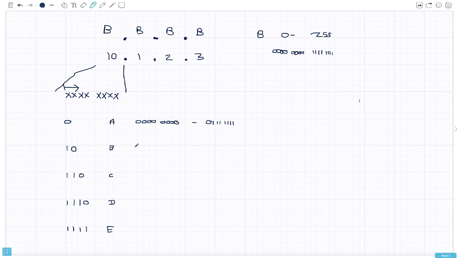Then a class B address goes from 1 followed by 7 zeros through to 1 0 followed by all 1s, and that of course will be 6 1s.